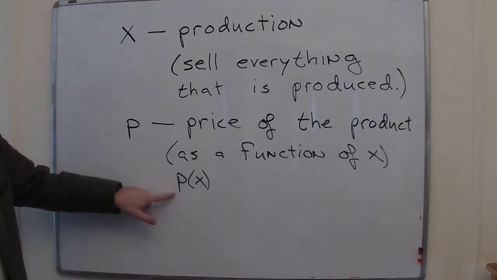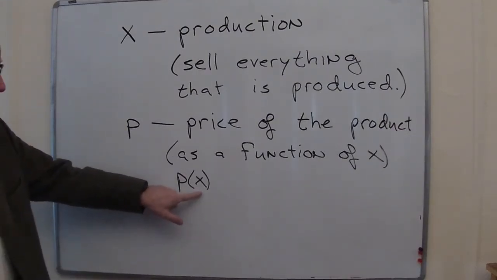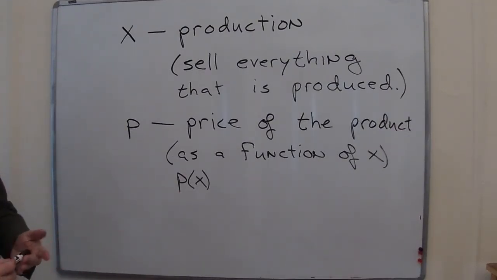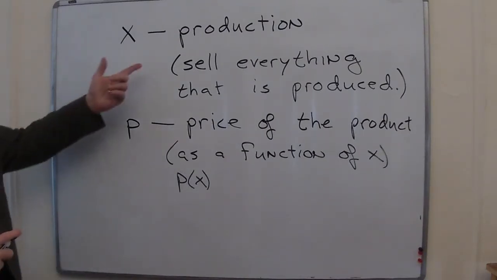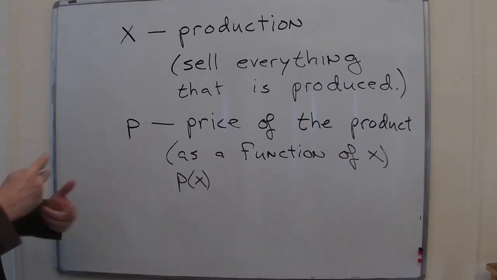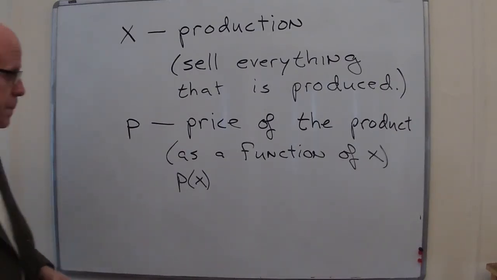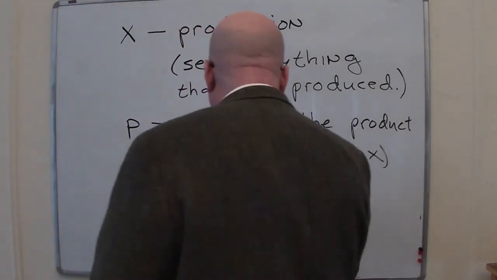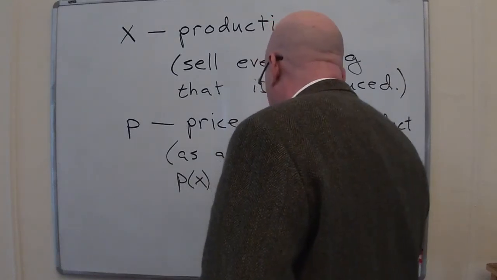You control the price. Price is the independent variable, and X, the amount of stuff you'll sell, and hence the amount of stuff you want to produce, is a function of that. So this is slightly backwards. Maybe make a note of that. This is actually backwards.